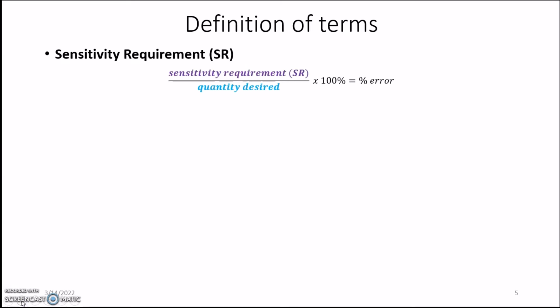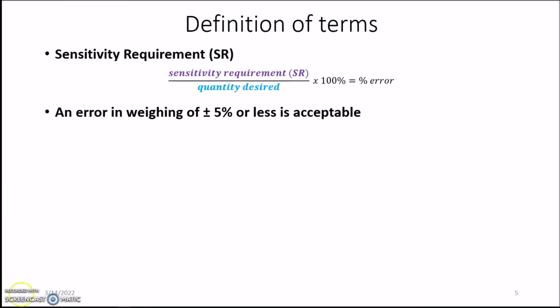Let's look at some more terms. Sensitivity requirement. The sensitivity requirement is the amount of load that it takes a balance for the pointer of that balance to shift from one graduation to the other.